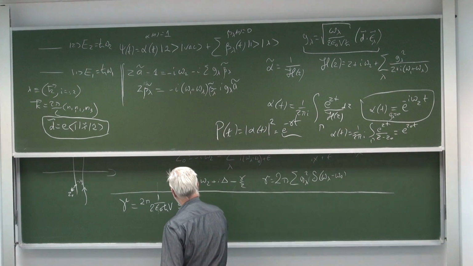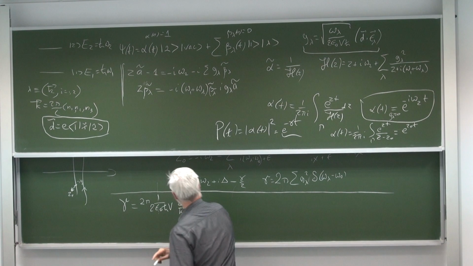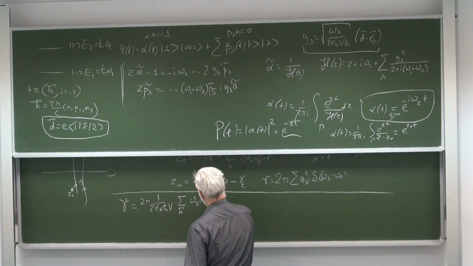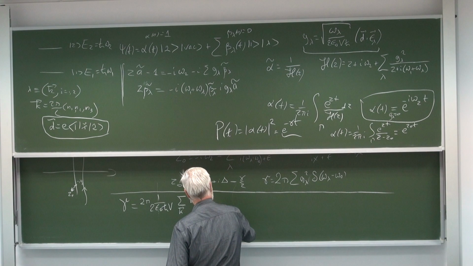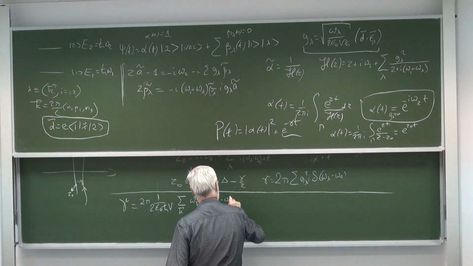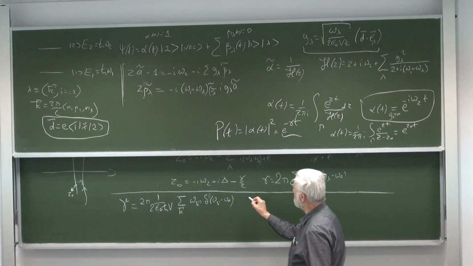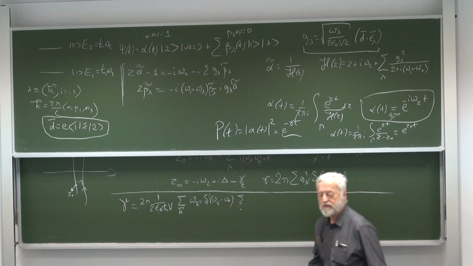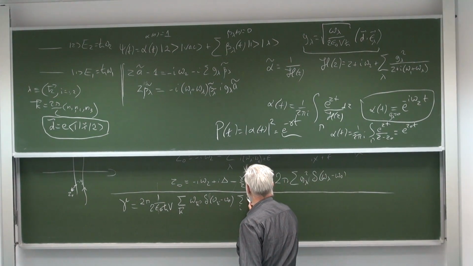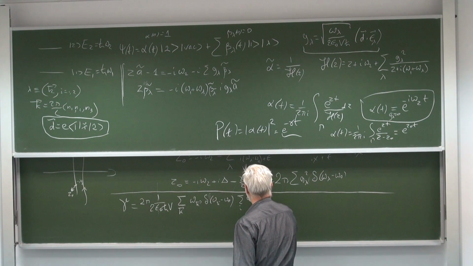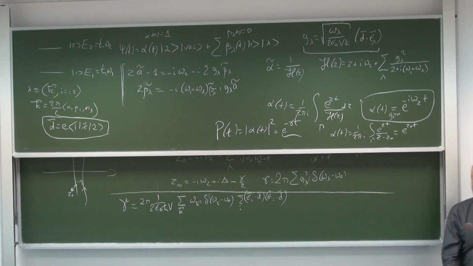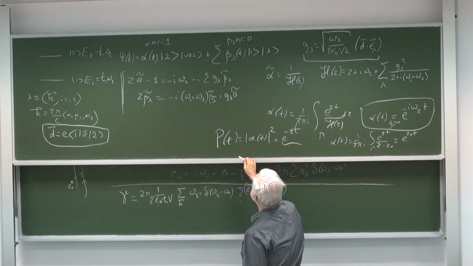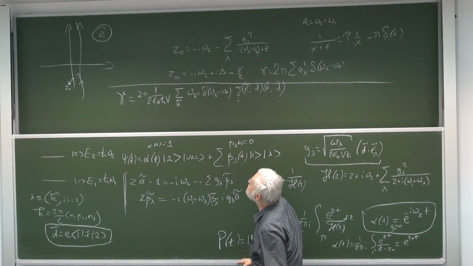So here I get omega k times delta of omega k minus omega naught. And here I want to sum over polarizations, and this I will write in an obvious way, epsilon i dot d times epsilon i dot d. And this last sum has only two terms because there are, as we all remember, exactly two polarizations. Good.